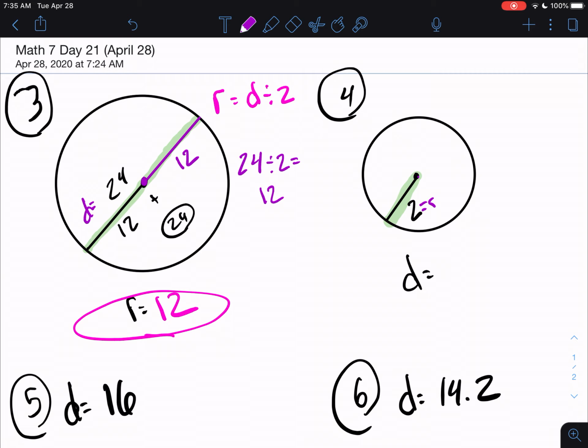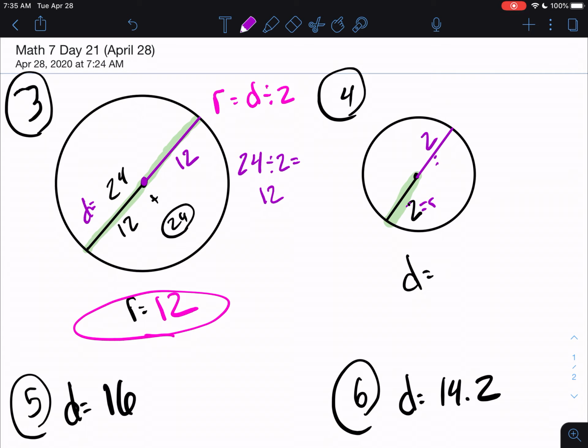So if in number 3 we saw that half the diameter is the radius, wouldn't it be safe to say that this green highlighted radius, if I just continued it, if I did the same exact thing, I need to try and make it a straight line, that these 2 lengths are the same?